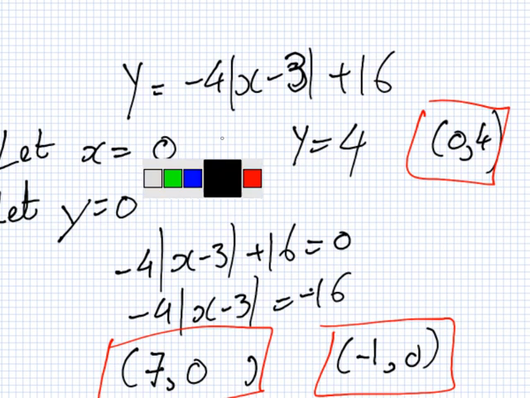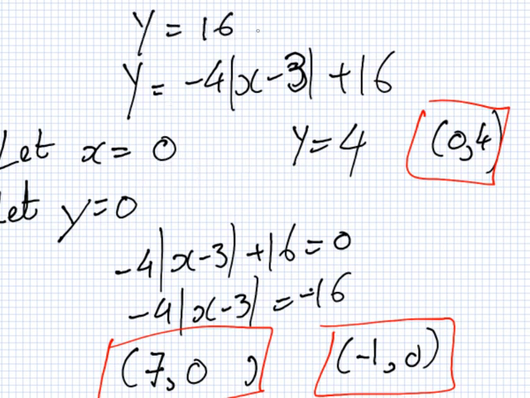I'll give you a tiny hint. If you rewrite this as 16 minus 4 absolute x minus 3, let me ask you this. If I make the x bigger, what happens to x minus 3?